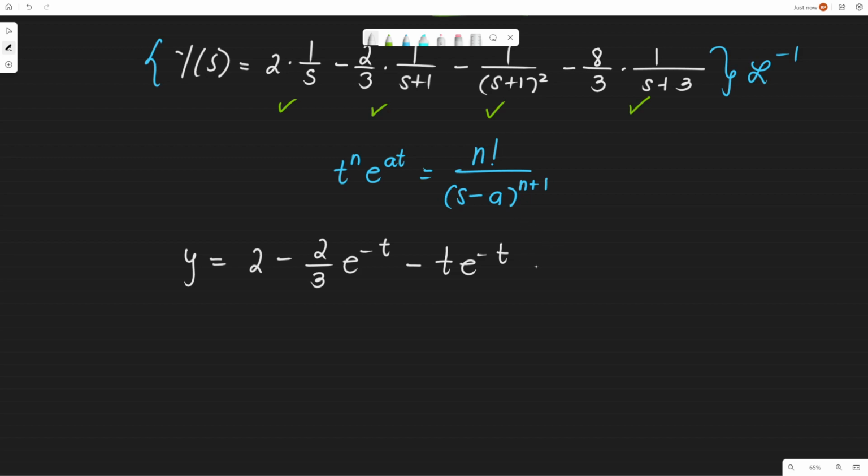Okay? Then we have minus 8 over 3 e raised to negative 3t. And this is the answer. No? So, ayan. This is the answer to the Integrodifferential equation.